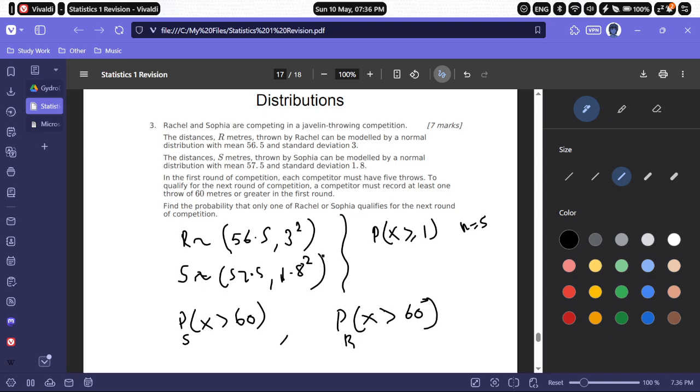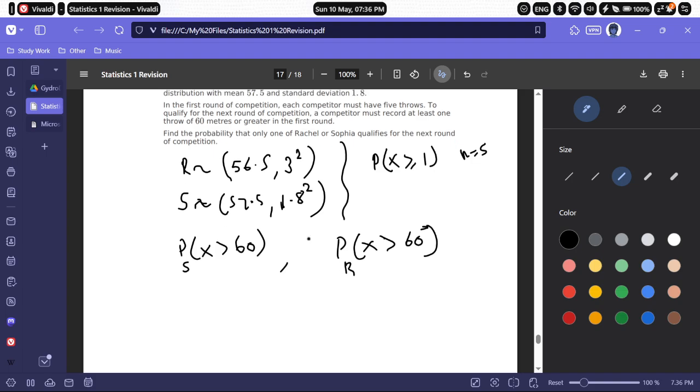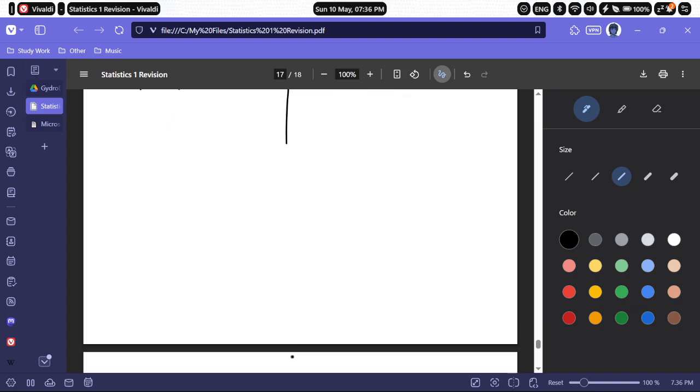So moving on. First of all, just find out the probabilities for Sophia and Rachel, the probability that they throw farther than 60 meters. So it's just a normal distribution, right? So probability of X less than 60.